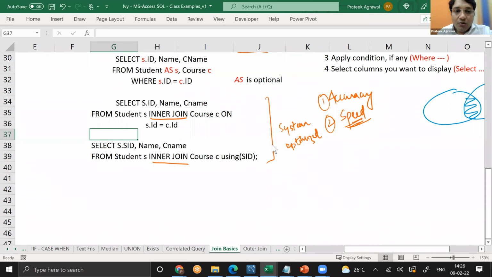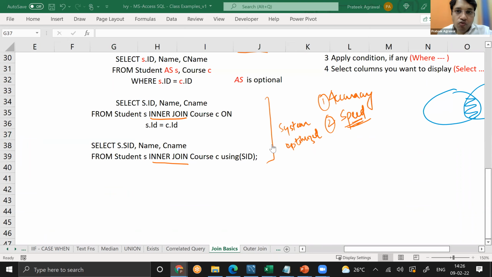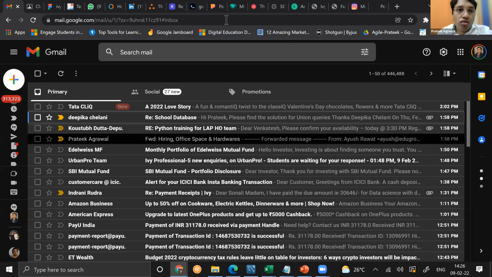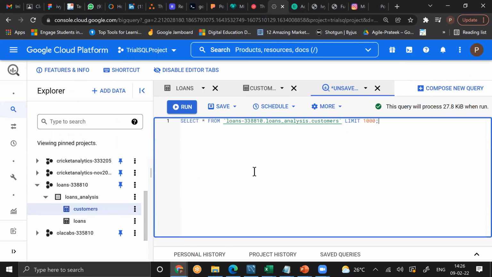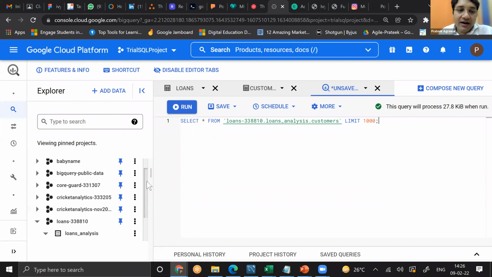Just to give you an example, if you remember Google BigQuery, I don't know if you got an opportunity to see this interface. I'd given you the video to use this interface as well.